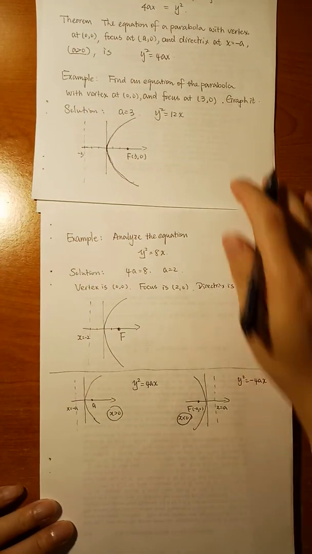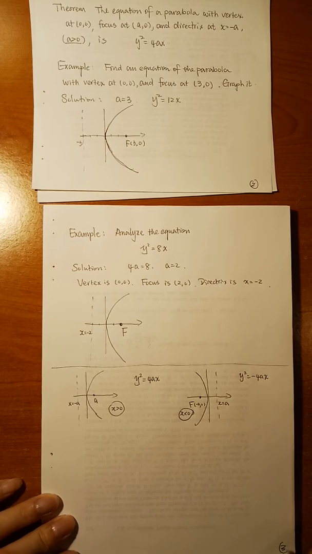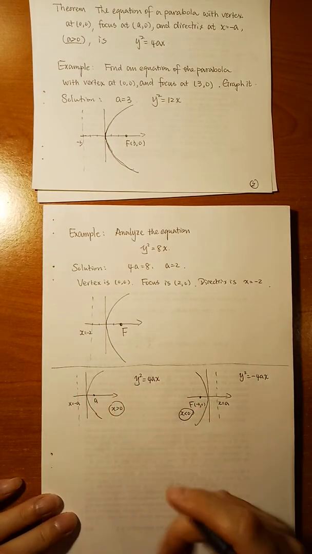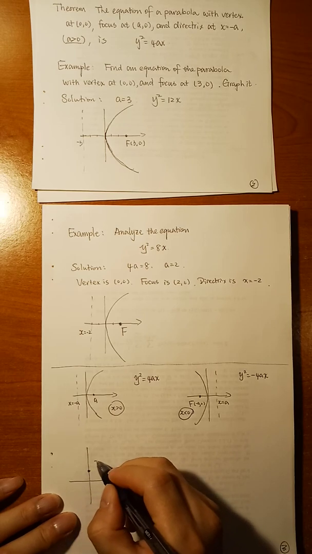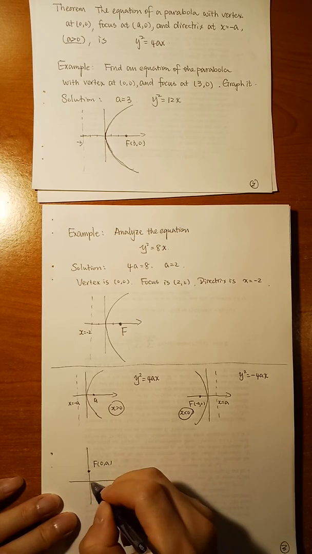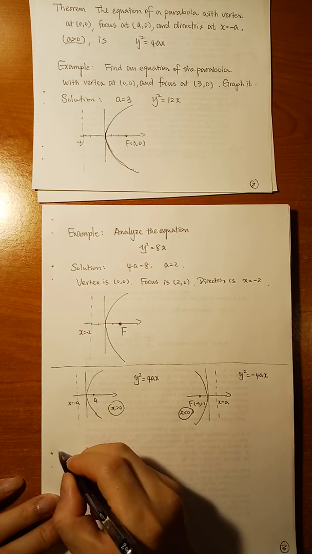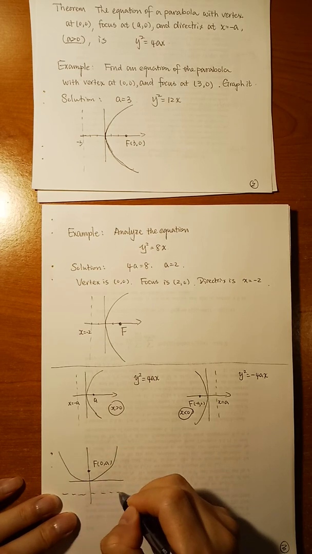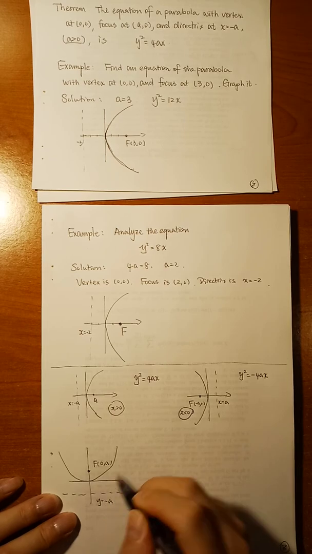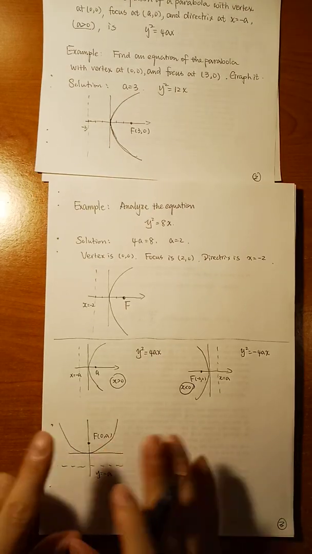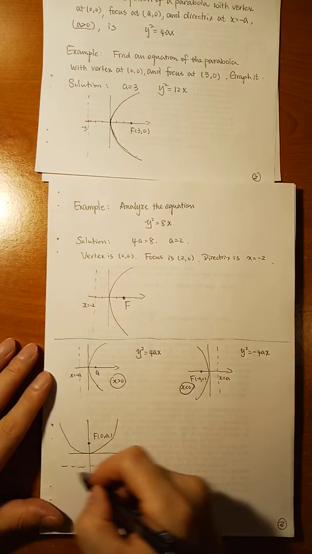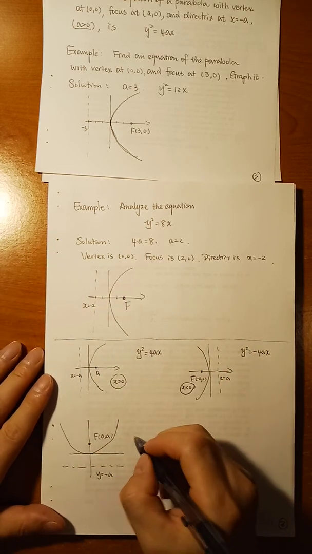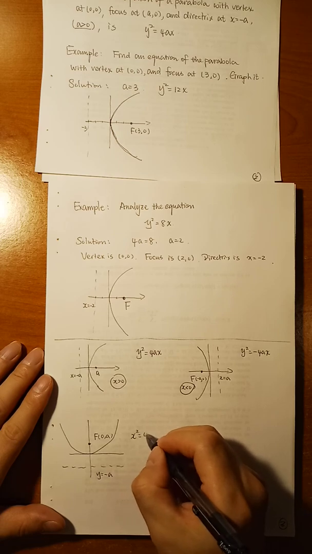Okay, so that's the left and right case, and we can also have the top and bottom case. If we have the graph opening upward, and the directrix is below the x-axis, then this is x squared equal to 4ay.